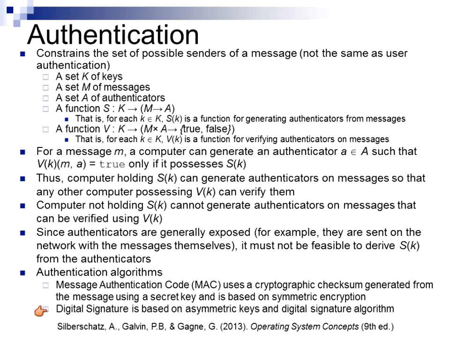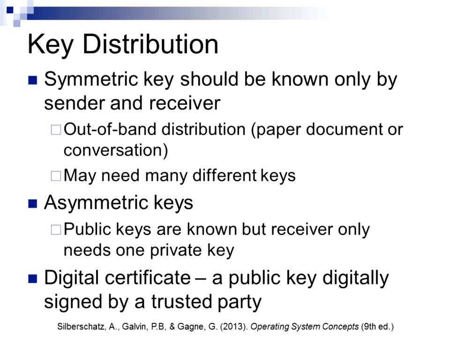And then there's also digital signature, which is based on asymmetric keys and using a digital signature algorithm. Okay, so what we talked about, encryption, also gets used in authentication, where you're doing different encryption and decryption, but just to authenticate the sender of the message. Okay, so it starts getting pretty complicated.